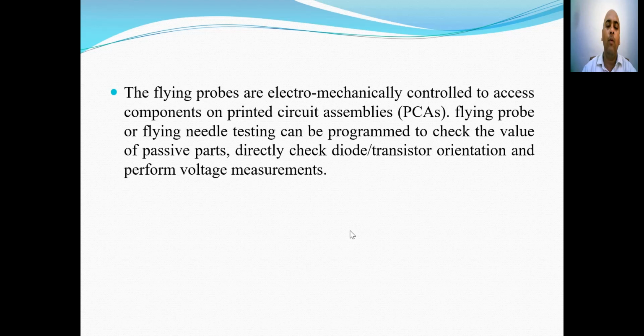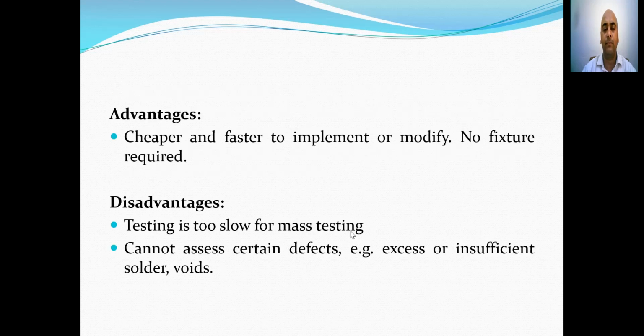Flying probe or flying needle testing can be programmed to check the value of passive parts, directly check diode and transistor orientation, and perform voltage measurements. The advantage of this method is that it is cheaper and faster to implement or to modify. No fixture is required for this type of testing.